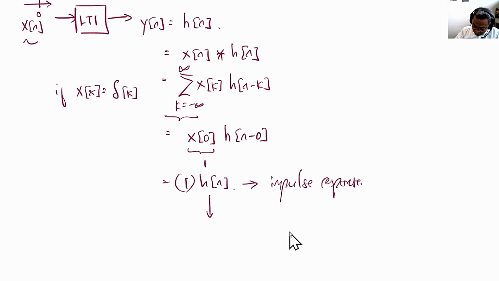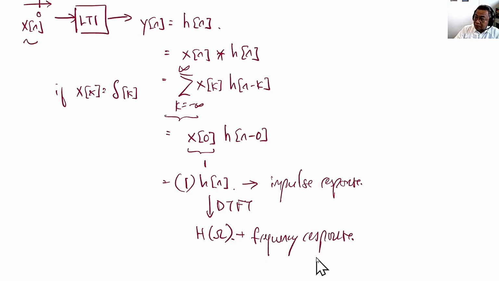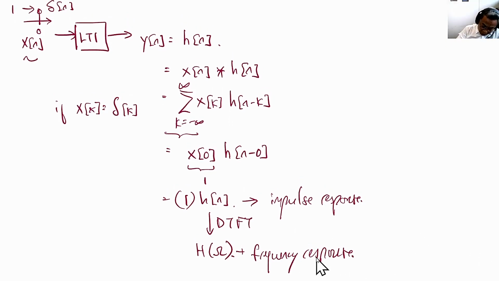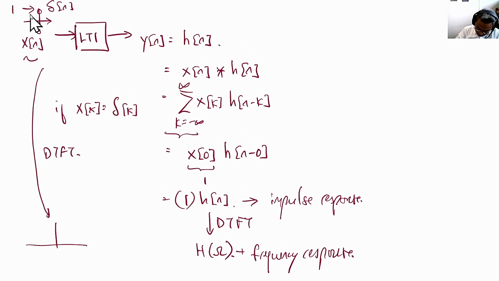Now if we take the discrete time Fourier transform of this, we'll get H(omega), and this is called the frequency response. Why is this so? Well, remember that if we have the impulse and we perform a discrete time Fourier transform on it, then the impulse will get all 1 from minus pi to pi for all omega, and this value is 1.